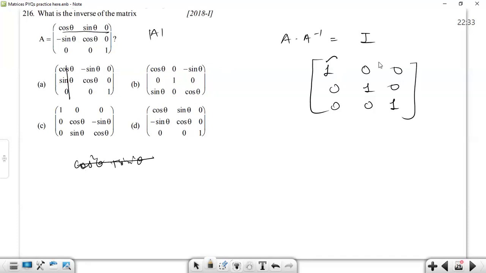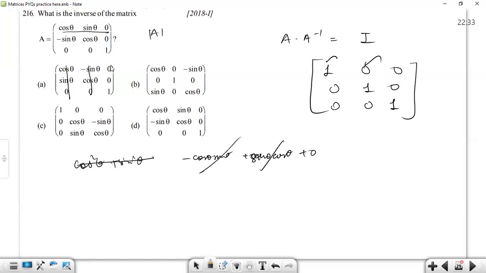Let's now check first row, second column: cos theta into minus sin theta, so minus cos theta sin theta, plus sin theta and cos theta, plus 0. So this cancels this. 0 is also getting satisfied.